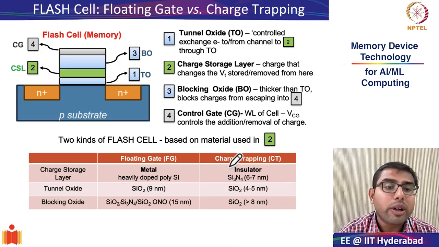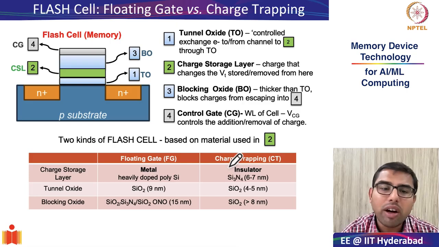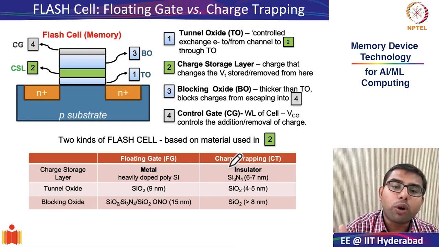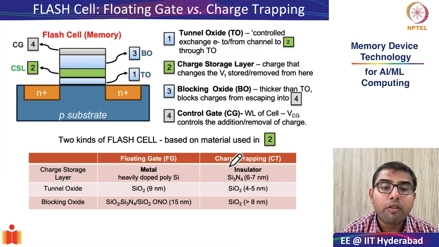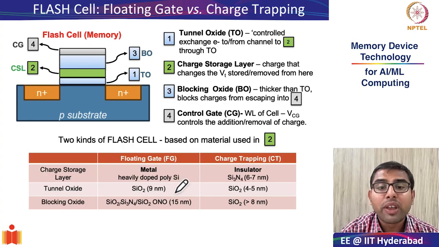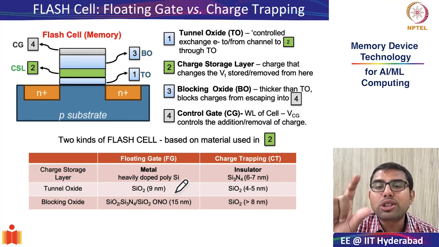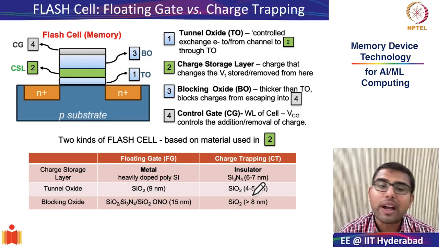The next important difference is what are the thicknesses and quality of tunnel oxide or the material of the tunneling and the blocking oxide in the floating gate and the charge trap cell. Whereas the tunnel oxide for floating gate transistors or floating gate flash cell is roughly 9 nanometers of SiO2. Because charge trapping is a newer generation, you have also tried to scale down the thickness of your tunneling oxide to 4 to 5 nanometers.